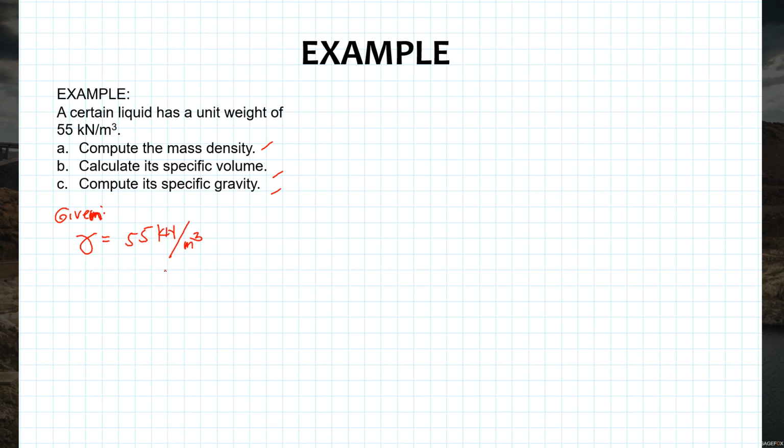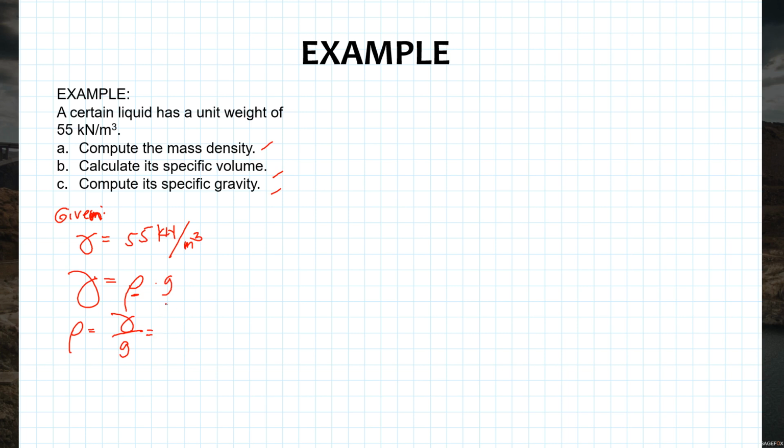Determine the mass density. The mass density, rho, is what? From unit weight, that is equal to mass density multiplied by G. We can take advantage of this solution since we already have a given unit weight. So to obtain the mass density, just divide both sides by G, so the mass density is unit weight over acceleration due to gravity.